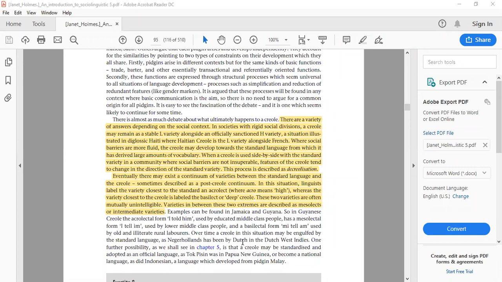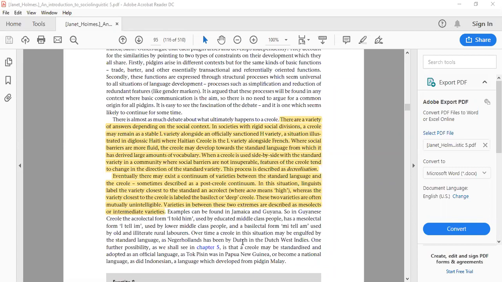If that Creole is moving more towards the low variety, then it is basilect or deep Creole.